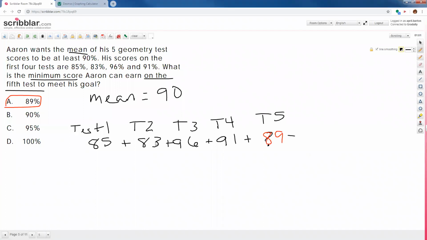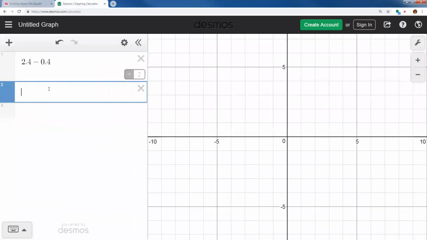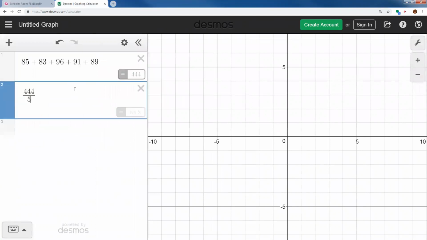After we add it all together, we're going to divide by 5. I got 91. 91%. I got a little bit smaller. Oh. Sometimes when you're doing it by hand, it's easy to make a little mistake.